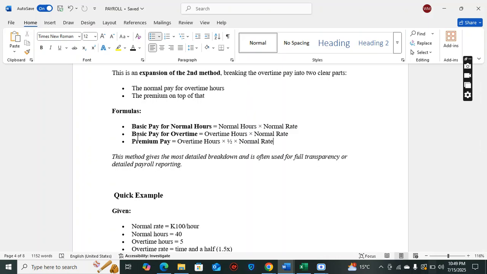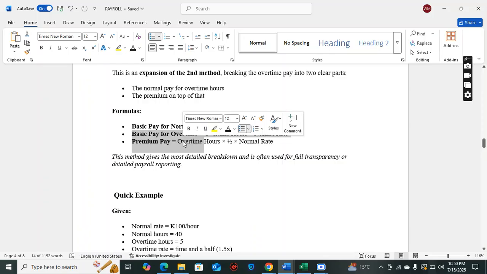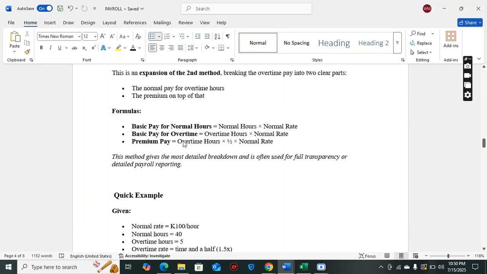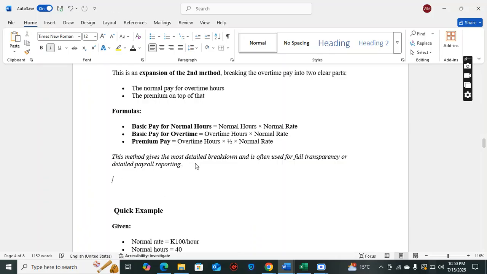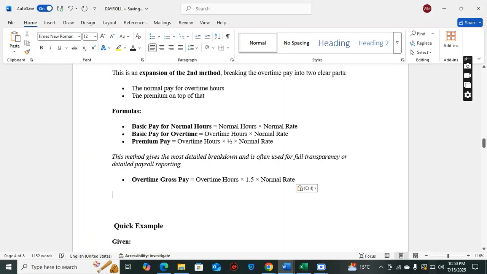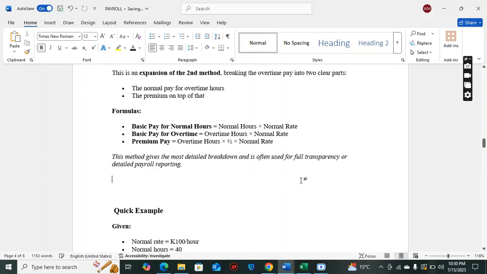The second method we go to the overall overtime pay. But in this third method, you're going to break the overtime into its components: the basic pay for the overtime and the premium pay of the overtime. I would say this one is the best amongst the three. So we still use this same example here.